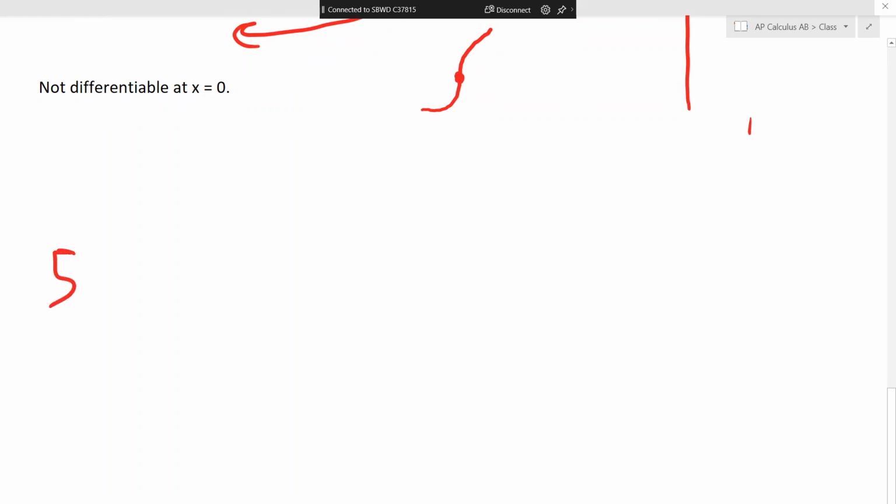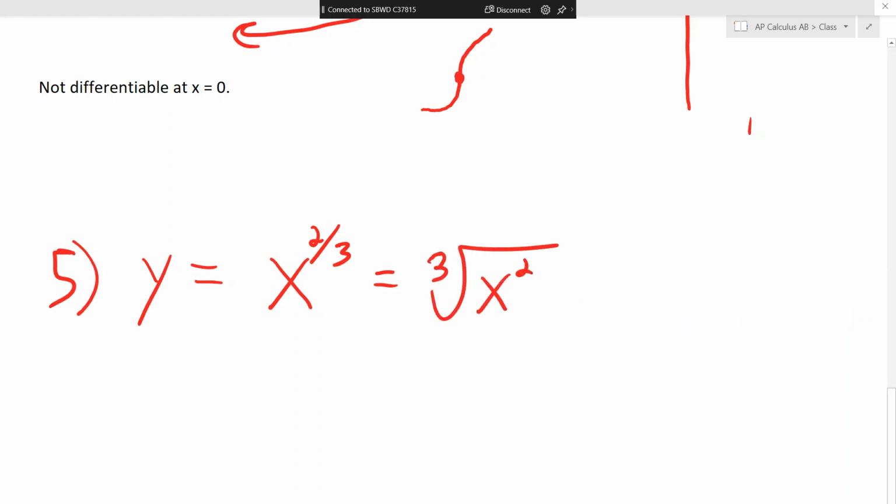Let's talk about number 5. x to the 2/3. Okay. Now, this is the same thing as the cubed root of x squared, right?